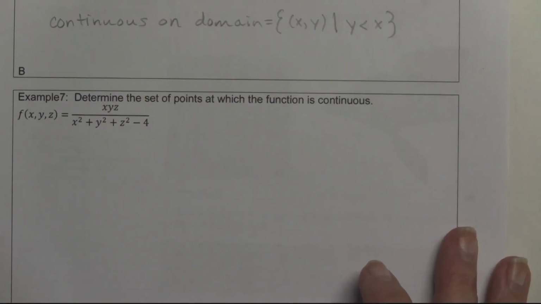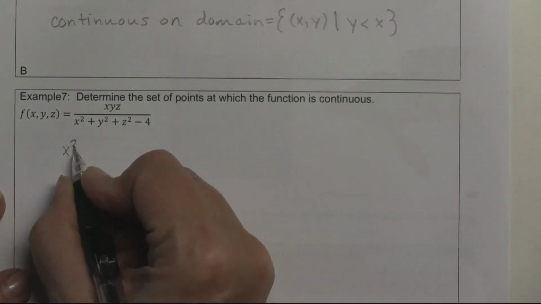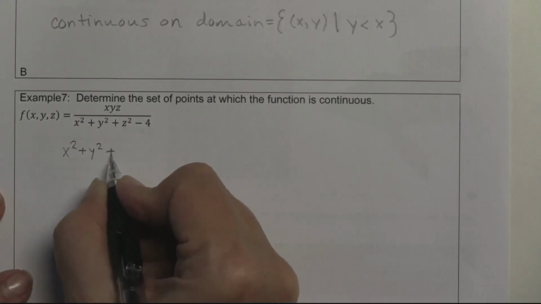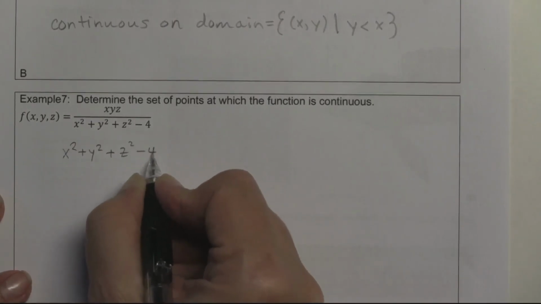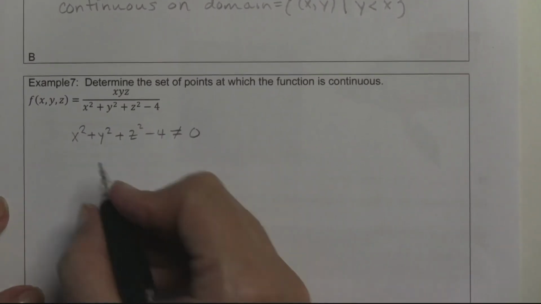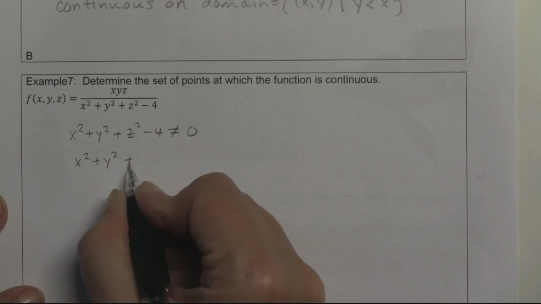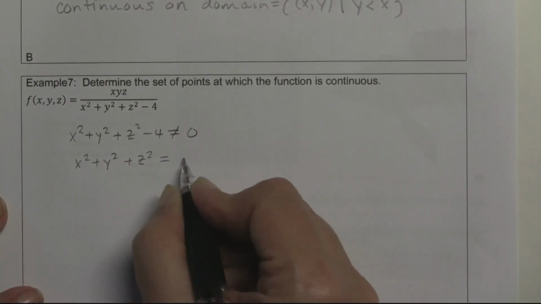Looking at its domain, the denominator cannot be equal to 0, and maybe put the 4 on the other side. I think this is the outer shell of a sphere, isn't it?